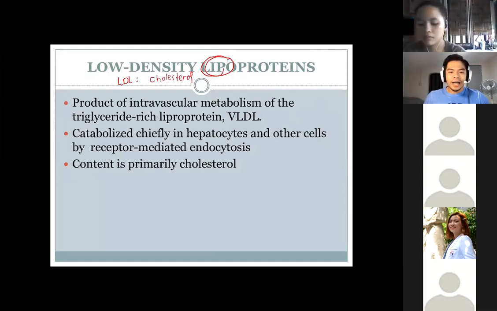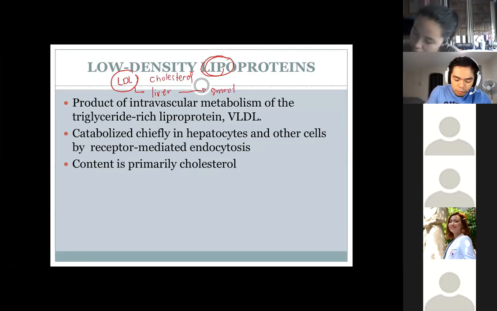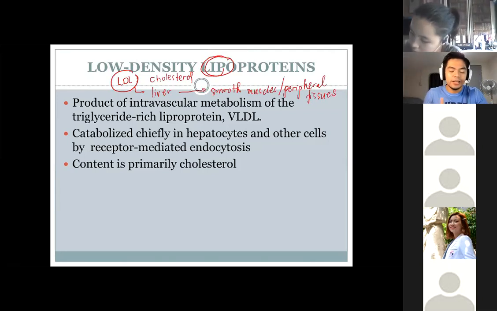Now, ang LDL, ang low density lipoprotein, this is the type of lipoprotein that carries cholesterol from the liver going to the smooth muscles or peripheral tissues. I repeat that LDL is the one that carries cholesterol coming from the liver going to peripheral tissues and also smooth muscles.